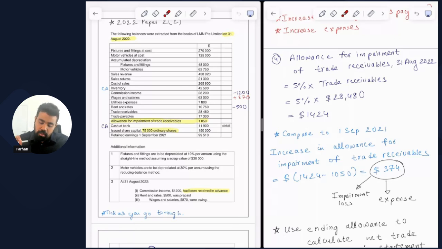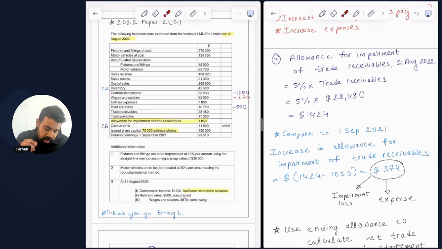Now, based on our past experiences of running our businesses, we expect that 5% of these credit customers are unlikely to make their payment to us, that they owe us, okay? So the amount in this case is $1,424 that we expect to not receive, which is known as the allowance for impairment of trade receivables, and this is the amount at 31 August 2022.